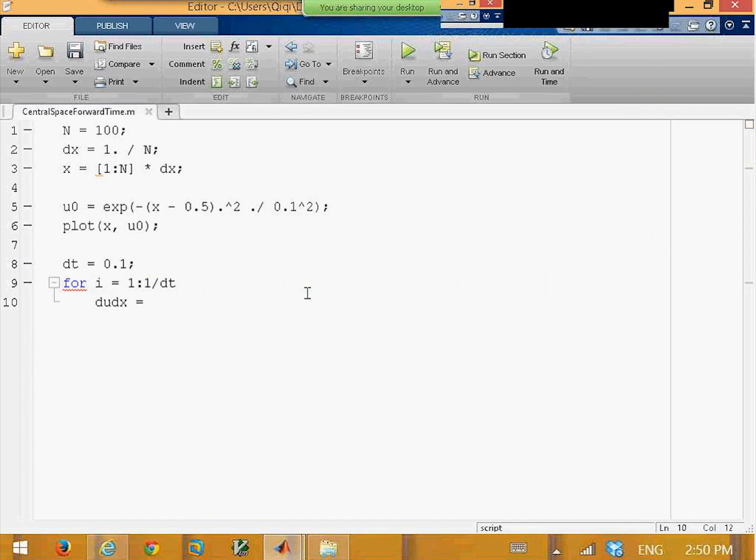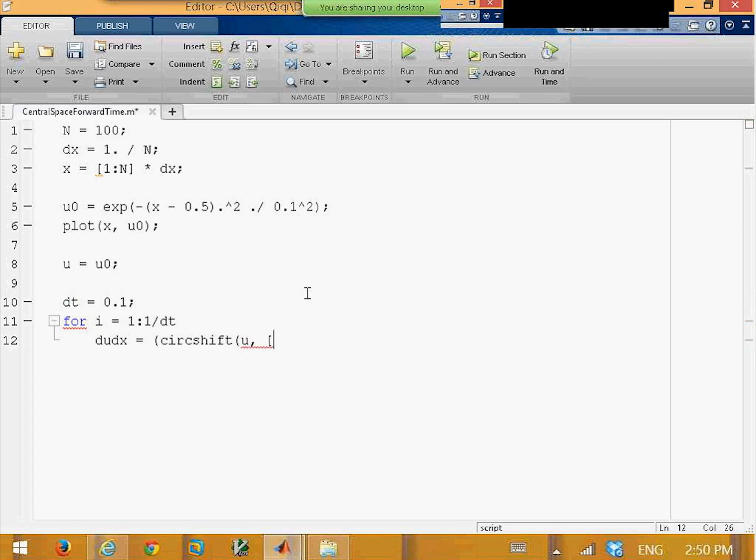For dudx, I'm going to do a circshift of my u. I'm first going to say u is equal to u0. I'm going to do circshift of u, shifting 0 on the first dimension and -1 on the second dimension.